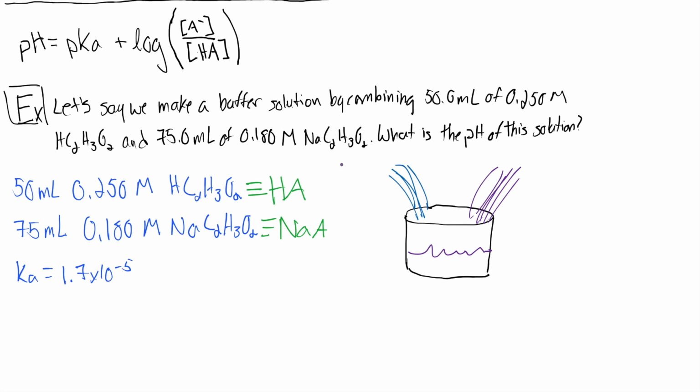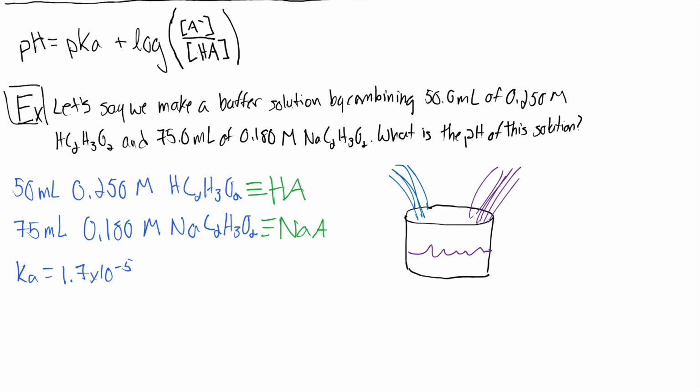So what we could do is use our equation M1V1 equals M2V2, and find new concentrations under the new volume. And that is absolutely fine. You can actually do that. But what I'm going to do is put these into moles. And why can we put them into moles?